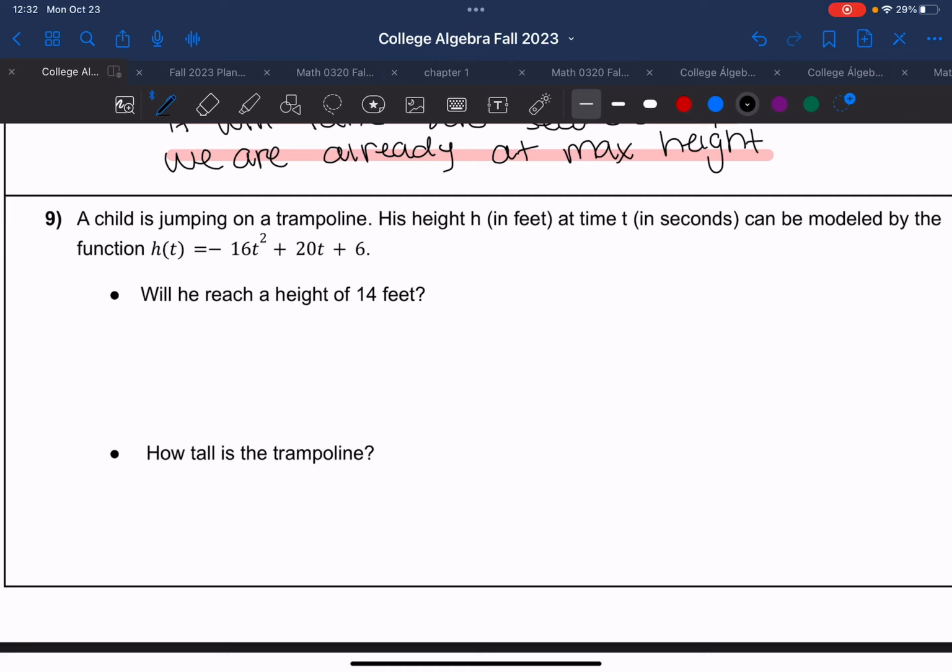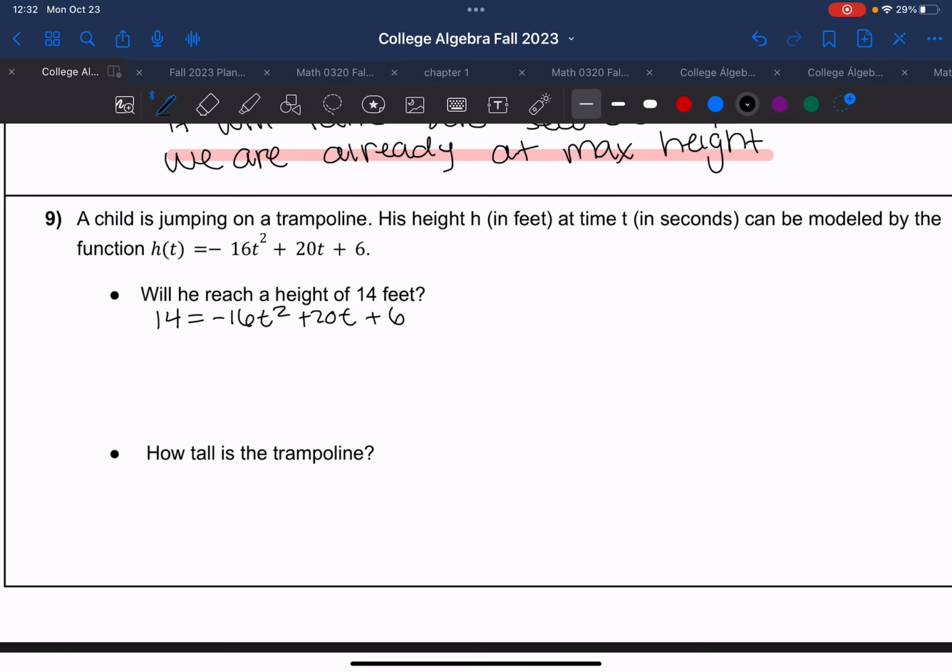Okay, so that means we need to take this 14 and plug it in for the height h of t. So we have 14 is equal to negative 16t squared plus 20t plus 6. It's asking us, will he reach a height of 14 feet?